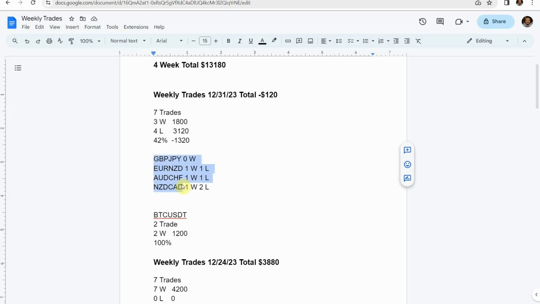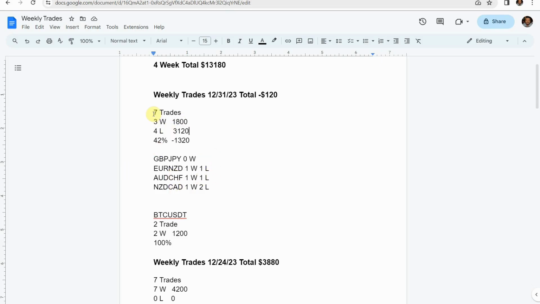Now keep in mind that this is probably the worst possible week to be trading. This is smashed in between Christmas and New Year's, with the market being super stagnant and slow. But even with that, we still barely had a red week, very small drawdown. This just goes to show the legitimacy behind what we're doing here.